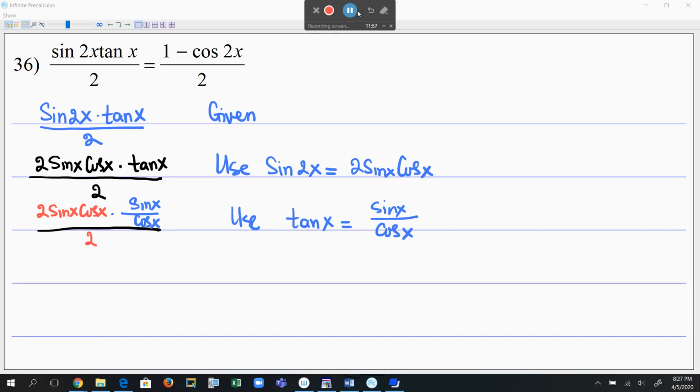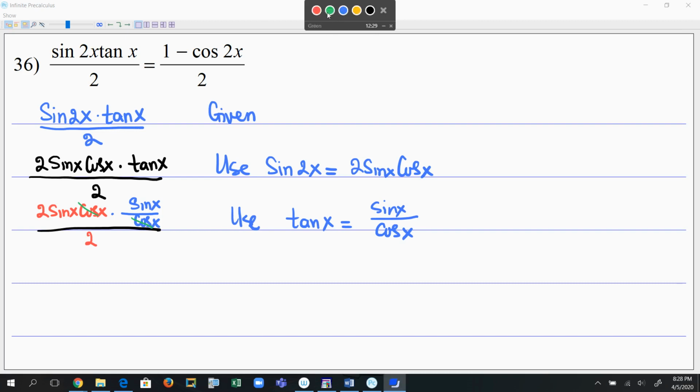So now you can see right here that the cosine will be gone. And of course, I know that you will say, why don't we just cancel the 2? But hold on, we don't want to cancel the 2 yet, because the goal is to get to the right-hand side here. The next step now, I'm going to multiply.